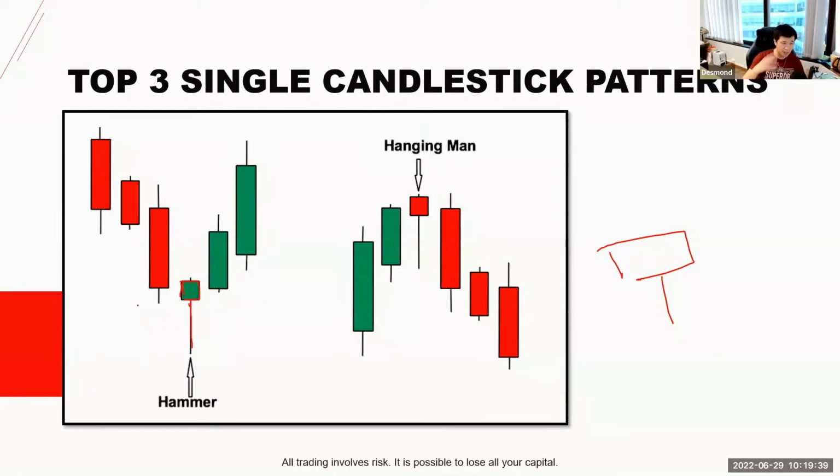What basically happens here? You must think about it from a psychological point of view. The price opens over here. The bears push prices all the way down. What happens next is that the bulls take over, push it all the way up to the open, and push it up even further, closing near the top.